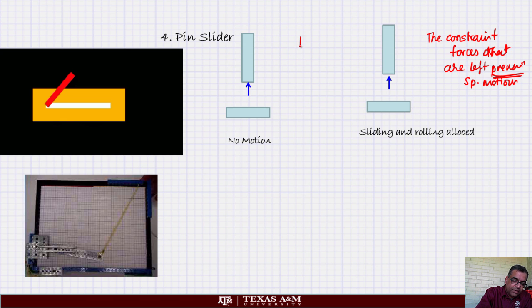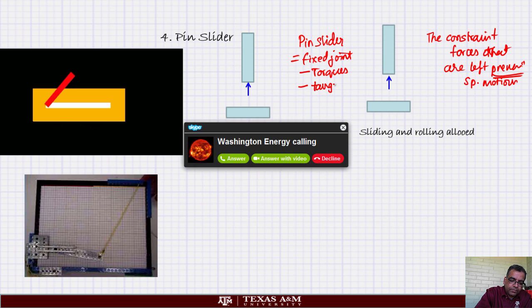So a pin slider equals fixed joint minus torque minus tangential force.